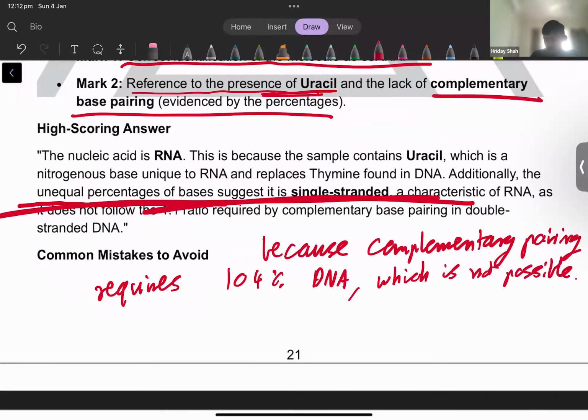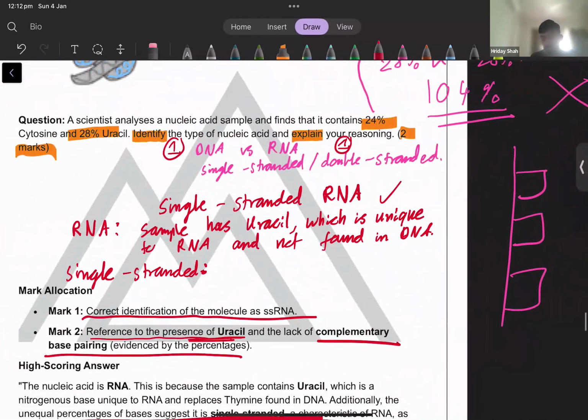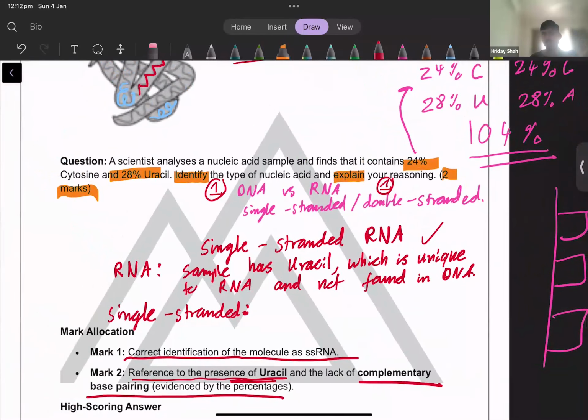So it's a process of elimination, right? You justify that double-stranded is not possible, and therefore it has to be single-stranded. Does that answer your question?